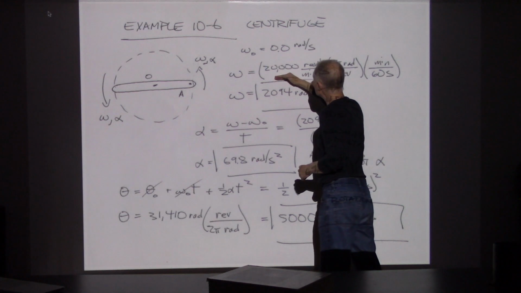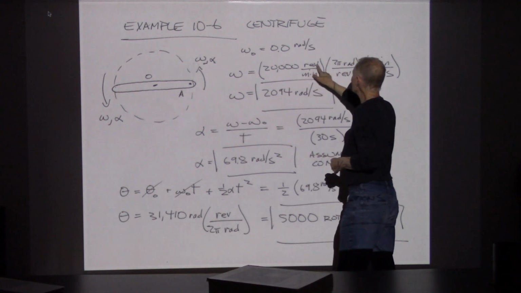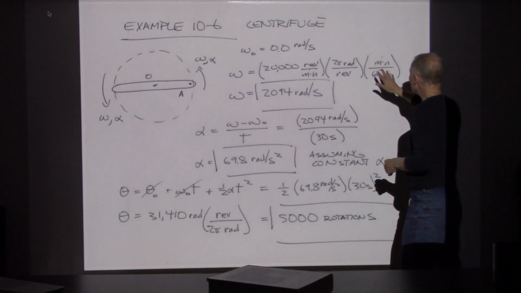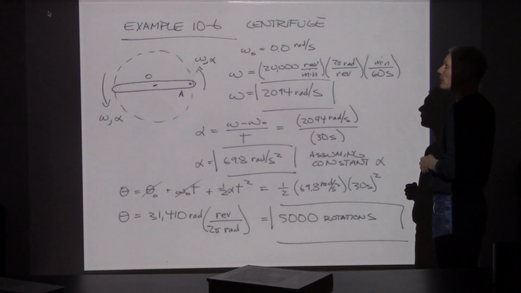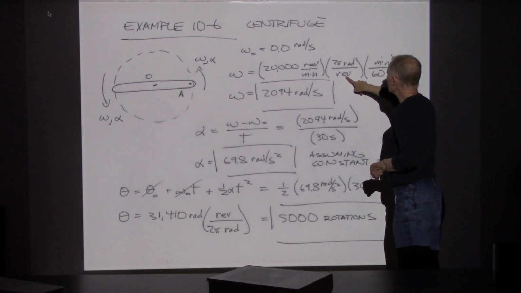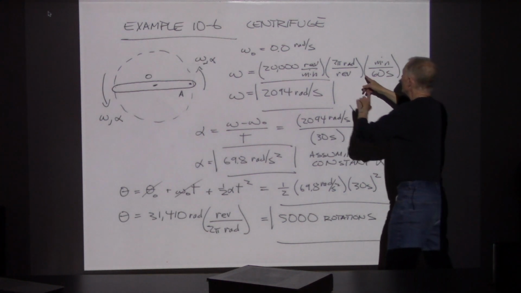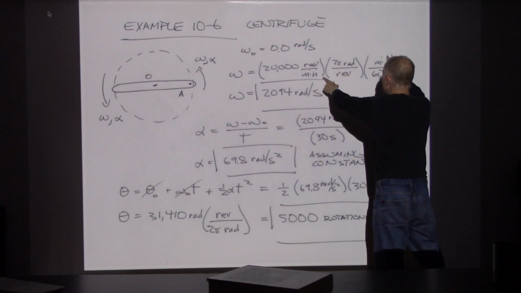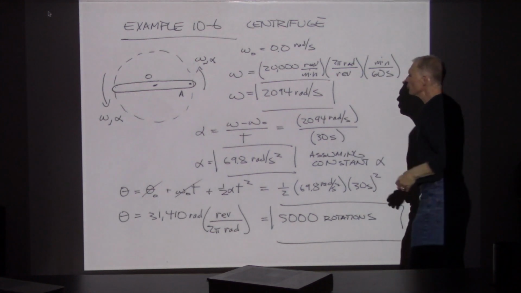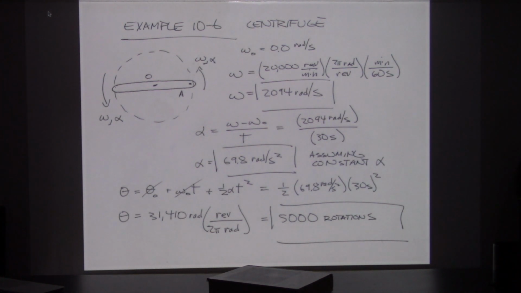But when it's picked up to top speed, that is 20,000 revolutions per minute. And look, it's our friends, the conversion factors. So 2 pi radians equals 1 revolution, and 1 minute equals 60 seconds, and the revolution units cancel, the minute units cancel. It worked out to be 2,094 radians per second is the speed that it tops out at.